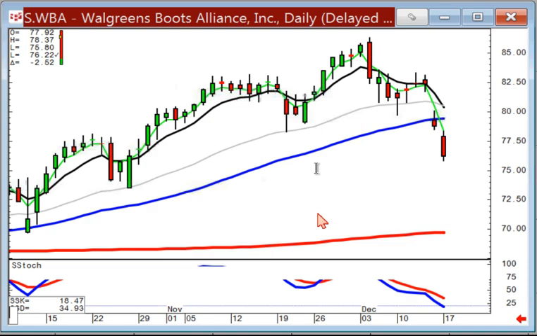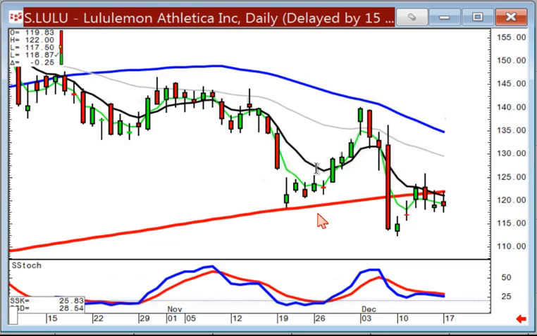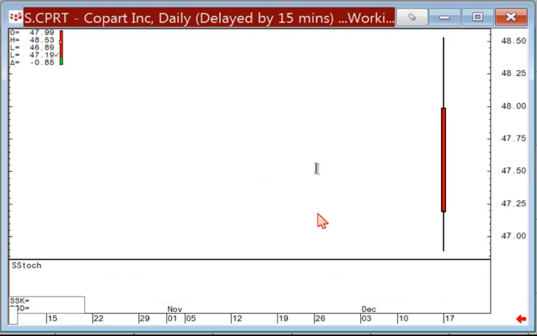WBA, Walgreens, stay short. Anytime you see that gap down, it's telling you there's a strong force to the downside. Lulu, at this point, I probably wouldn't be long or short. You can see the stochastics are going sideways. I'd be someplace else with my money right now. That one's just not giving you any indication.